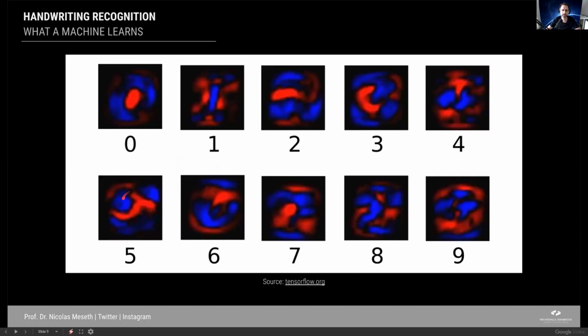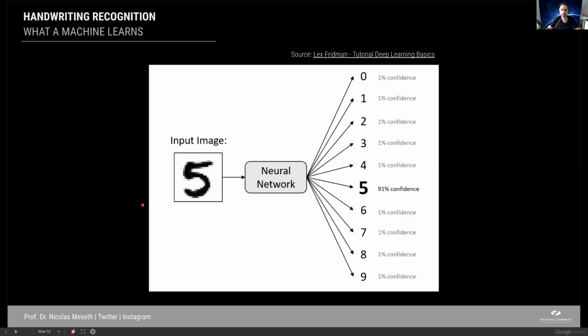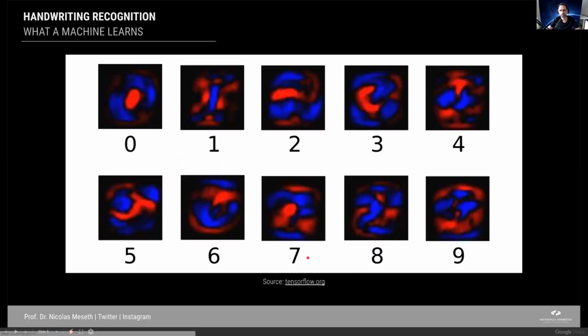So they have actually similar areas, but it's good enough so that it can be distinguished. So this could be the output of a neural network that has learned these filters.